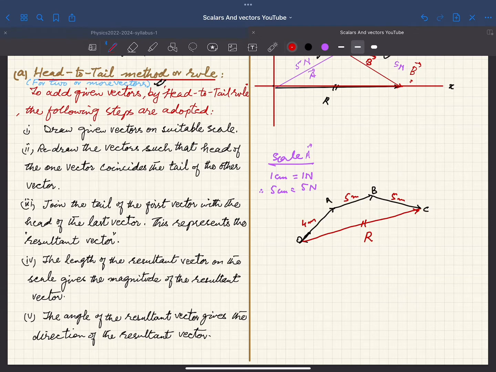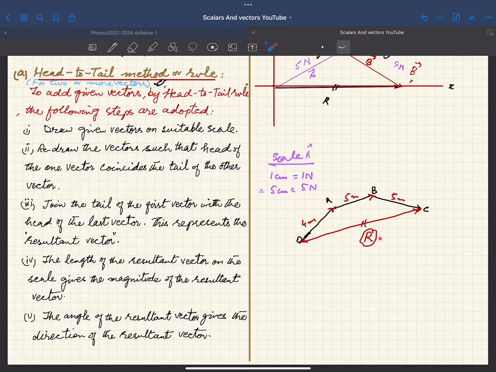This resultant vector will of course be the resultant effect or resultant displacement, and simply, as we have just mentioned, the tail of the second vector will coincide with the head of the first vector. Similarly, the tail of the third vector will coincide with the head of the second vector, and the tail of your resultant vector will coincide with the tail of the first vector, and the head will coincide with the head of the last vector.